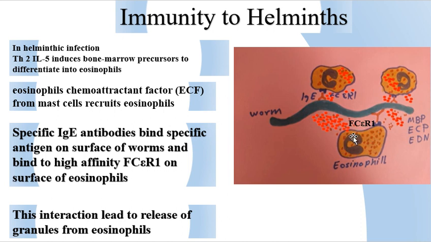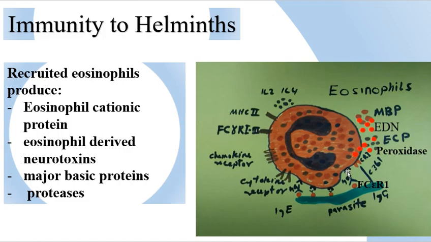So this interaction between the eosinophil, the antibody and the worm leads to release of granules from eosinophils. And as can be seen here, these are granules from the eosinophil following the interaction between the IgE antibody, the eosinophil and the specific antigen on the surface of the worm.